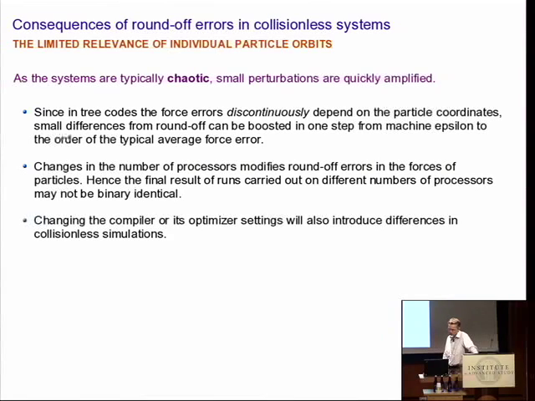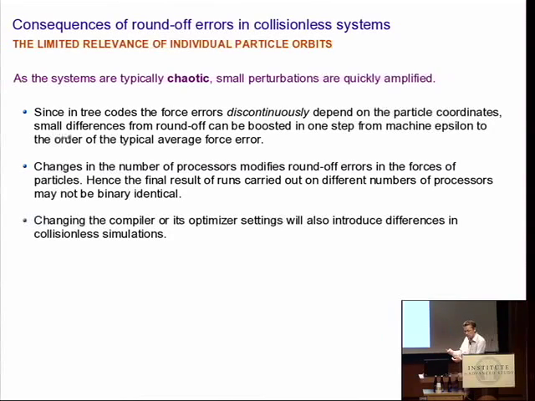This is partially a result of the chaotic and highly nonlinear nature of collisionless systems. It's also a consequence of the tree calculations, where I told you that one typically gets random force errors of fractions of a percent or so. But these force errors depend discontinuously on the particle coordinates. It can happen that you perturb a particle, then it suddenly crosses the boundary where one particular tree node is now opened instead of used as a multipole.